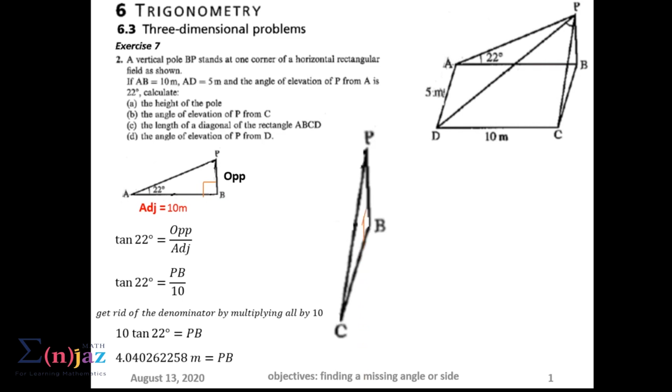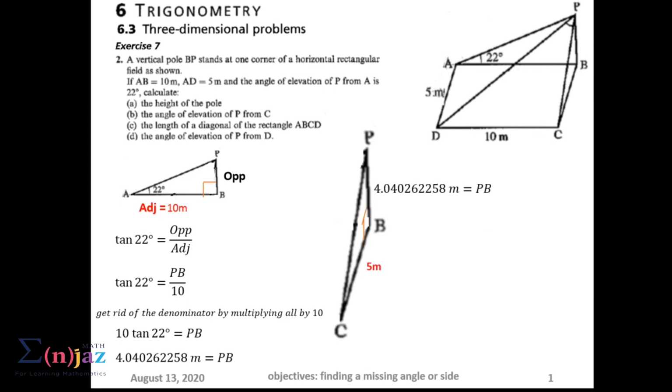This is my right angle triangle because the pole is vertical, standing vertically on the plane, which is the ABCD. And the 5 meter CB is given to me in the question. So this is 5 meter.